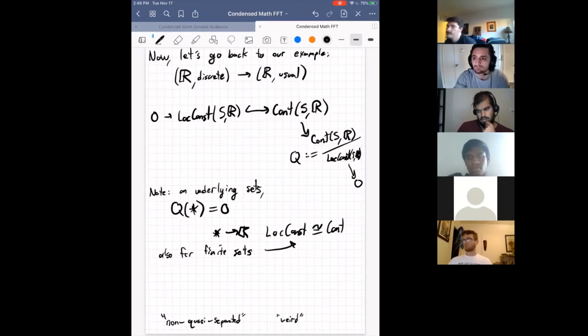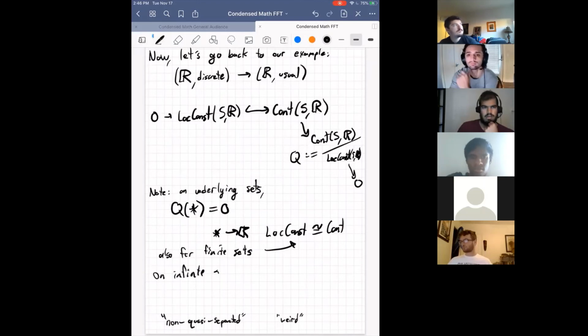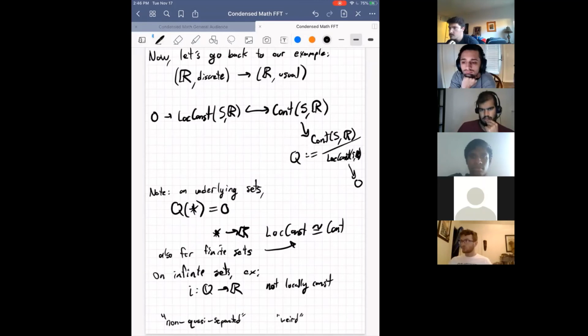So do we see a difference? For example, let's say I have the inclusion of Q into R. So I'm evaluating this guy, which is not locally constant, but it is continuous.